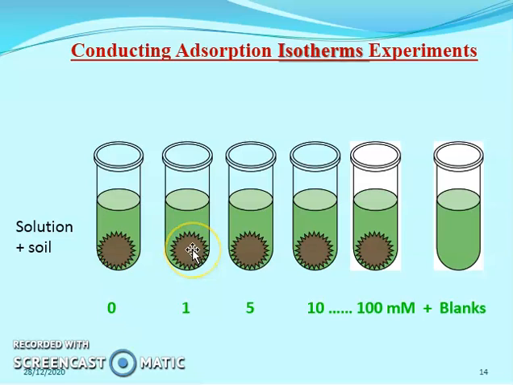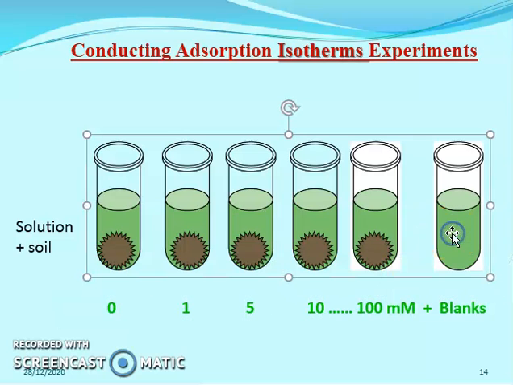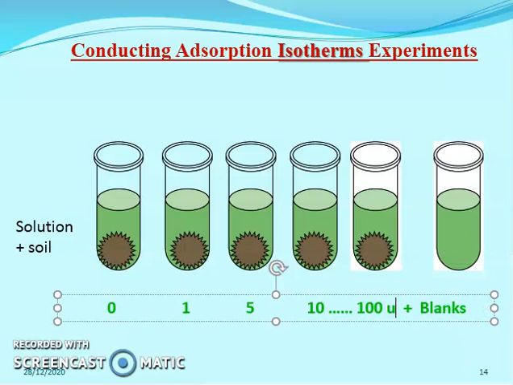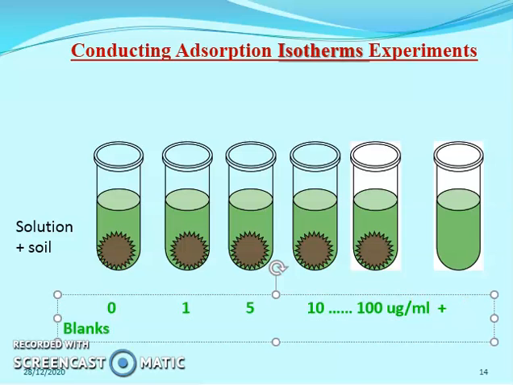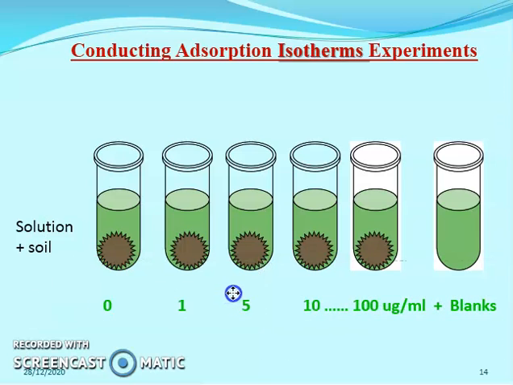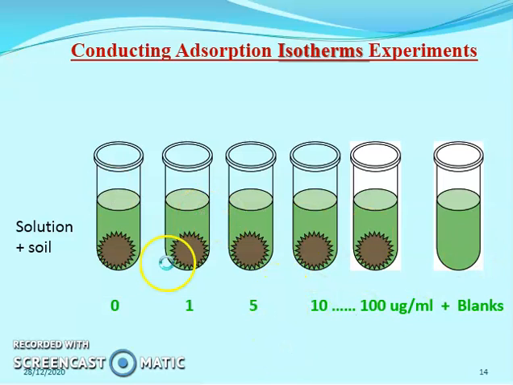If you put 1 microgram per milli, then all contaminant will be adsorbed, because you have a lot of empty sites on the adsorbent.